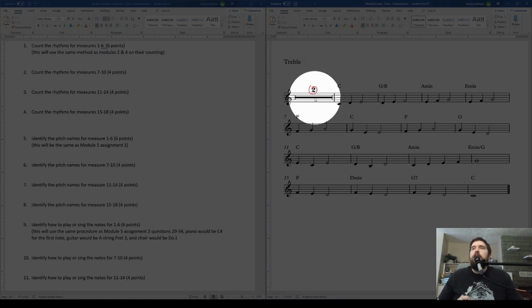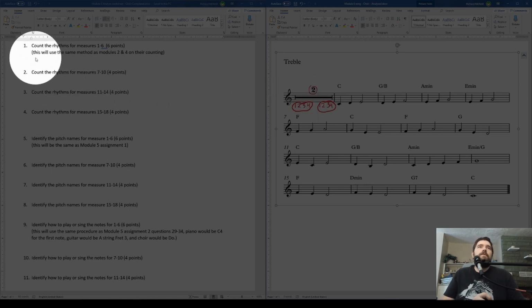So when I go to write my counts here, I know I have 1, 2, 3, 4 beats of rest, followed by another set of 1, 2, 3, 4. Now I go over to the other side to type this out, and instead of circling it, because I can't circle when I'm typing, I put it inside of the greater than and less than symbols.